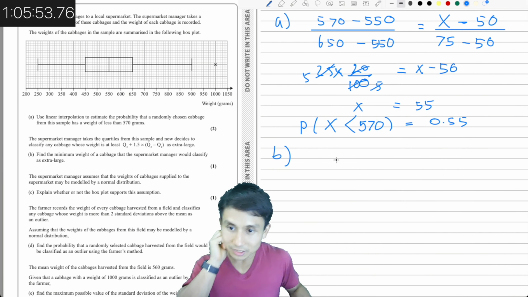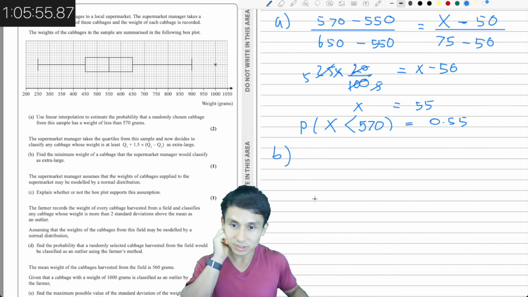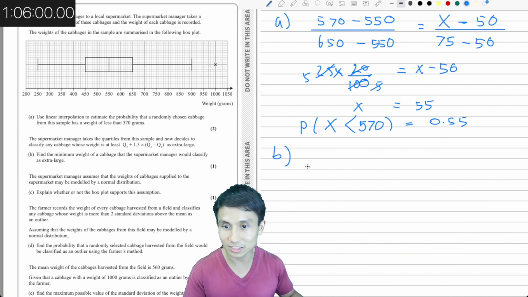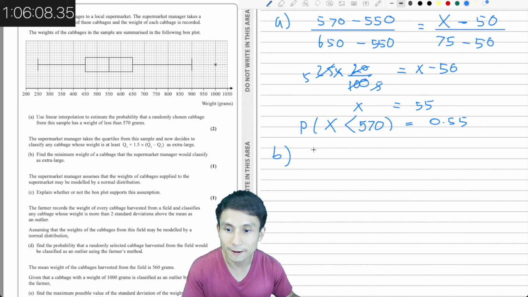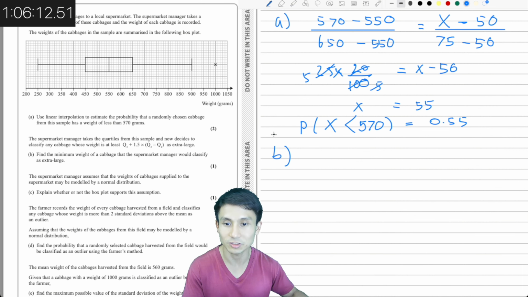The supermarket manager takes the quartiles from this sample and now decides to classify any cabbage whose weight is at least Q3 plus 1.5 times the interquartile range as extra large. That seems like an outlier. Find the minimum weight of a cabbage that the supermarket manager would classify as extra large.